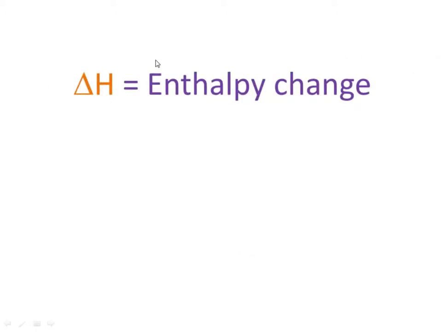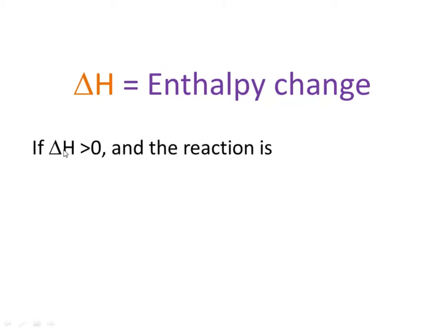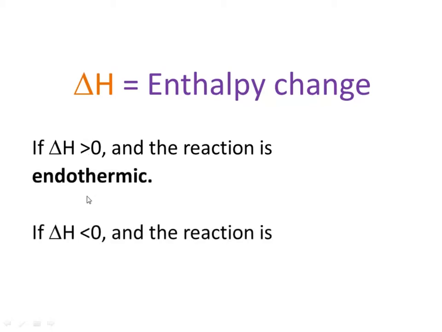Now, as you can see, enthalpy change is represented by delta H, where H means enthalpy and the delta means change. When you do calculations, if the value of delta H is greater than 0, it means that your reaction is endothermic, and if the value is less than 0, it means your reaction is exothermic.